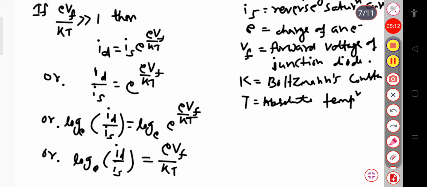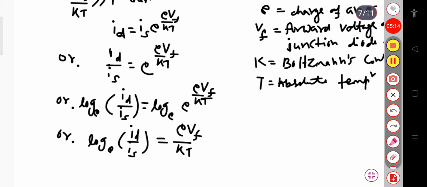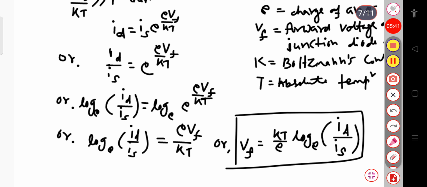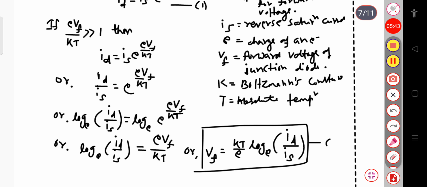Now we can write this forward voltage of the junction diode as VF equal to KT divided by E into log base e of ID divided by Is. So this is the forward voltage of the junction diode, and this is, suppose, equation number 2.